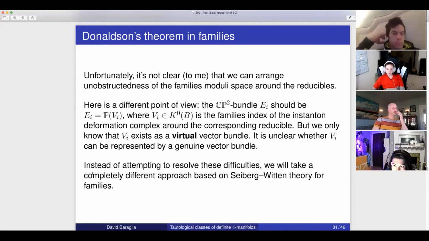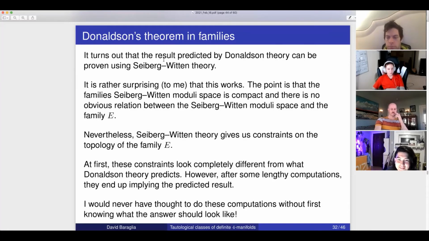So instead of trying to make this work, we take a totally different approach, and we use Seiberg-Witten theory. You can think of this argument that we've gone through as a prediction of Donaldson theory that we couldn't quite prove rigorously.